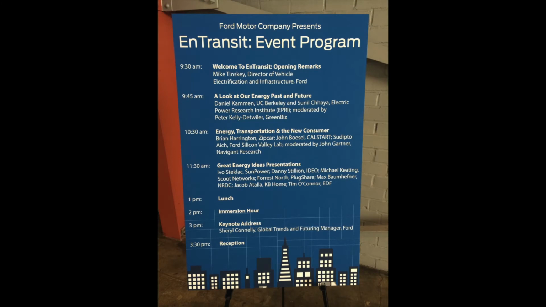Very cool. The California energy landscape is changing very fast, with electric vehicles on our roads and solar panels covering our buildings. We need to rethink the infrastructure that powers our day-to-day lives. Ford Motor Company had an event you attended, called In Transit, the future of energy and transportation, in San Francisco.